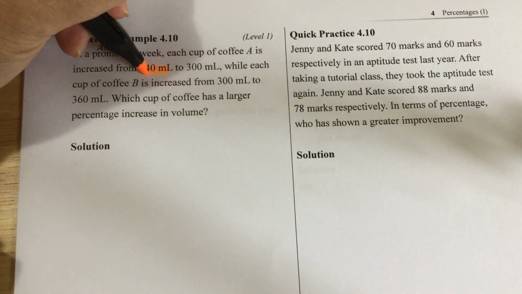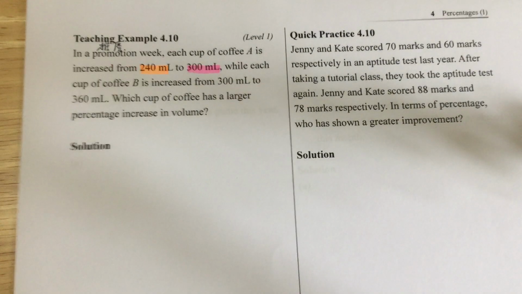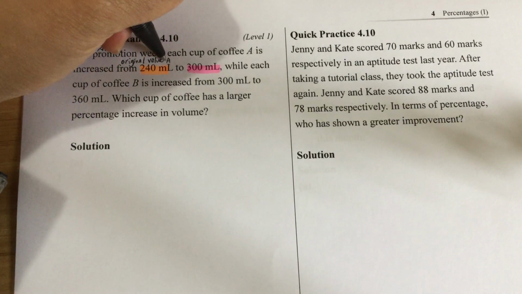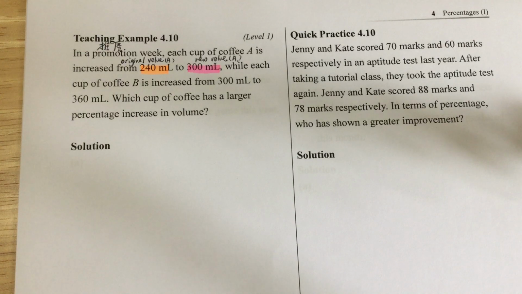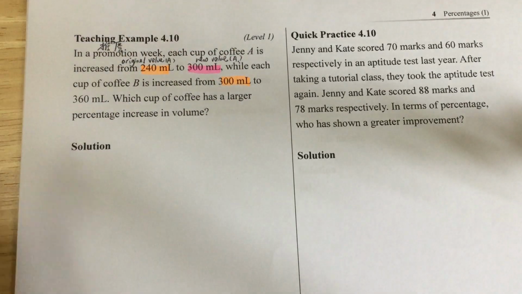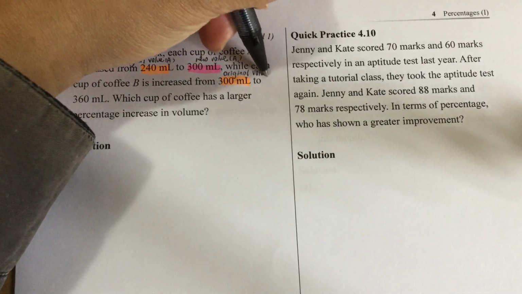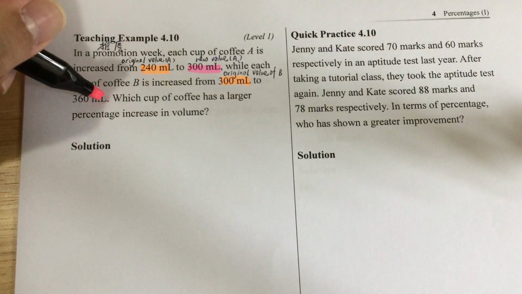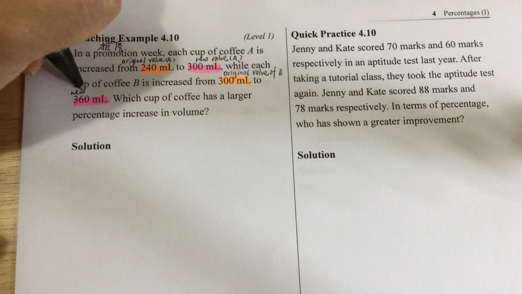This is the original value for A, and this is the new value for A. Now for coffee B, it is increased from 300 ml to 360 ml. So 300 ml is the original value of B, and 360 is the new value for B.